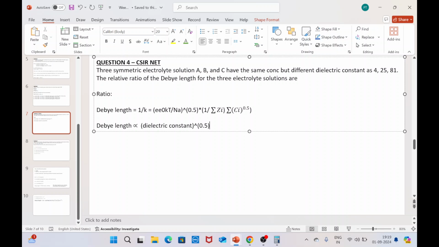So Debye length is directly proportional to dielectric constant whole power 0.5. So what is the ratio now?